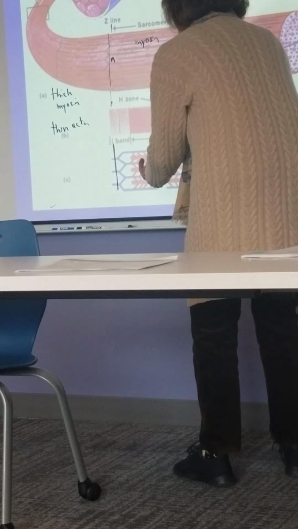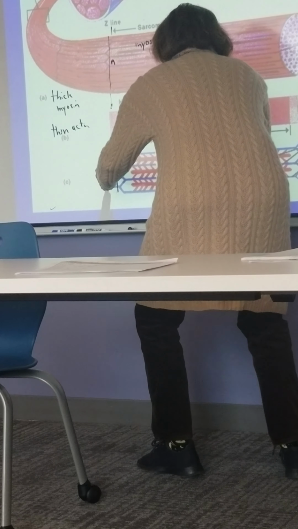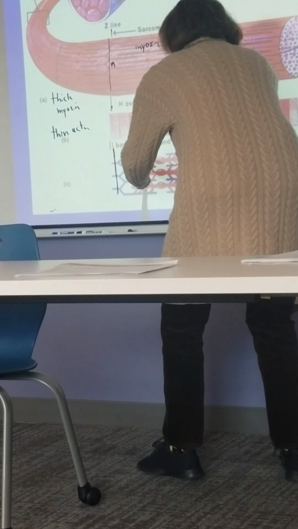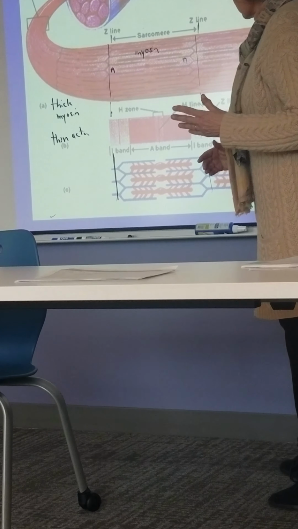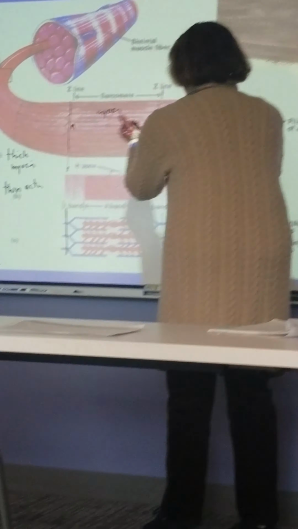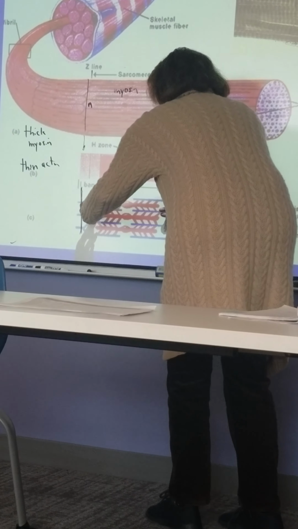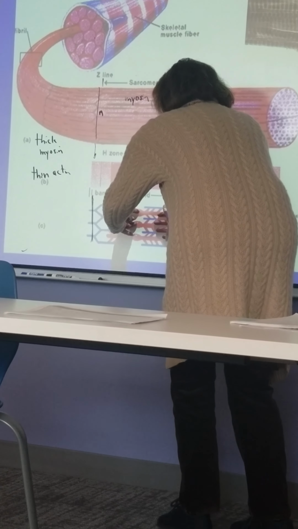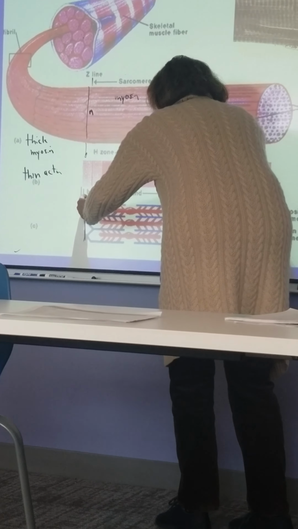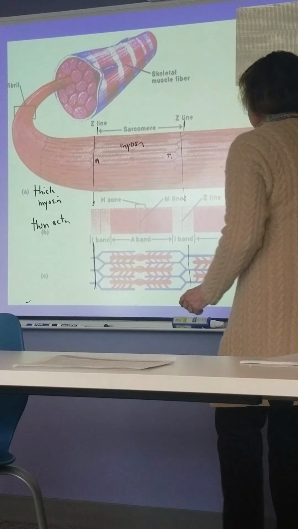And when they grip and pull on the actin filaments, it pulls the I bands, these little curtains, closer together. So in a round of contraction, each sarcomere shortens. And it shortens because the myosin filaments are pulling the actin filaments closer together, and the actin filaments drag these curtains at the I bands closer together, and every sarcomere shortens.